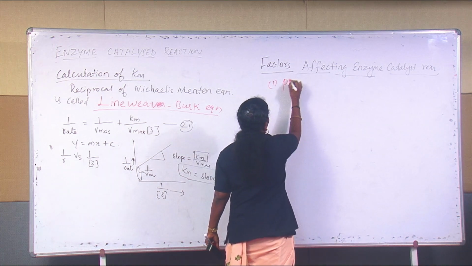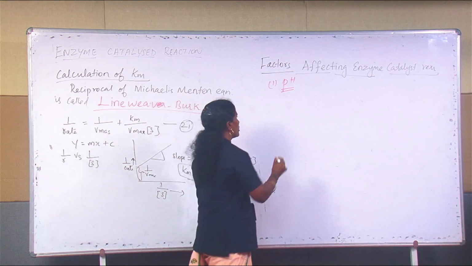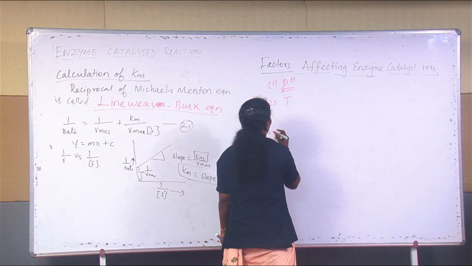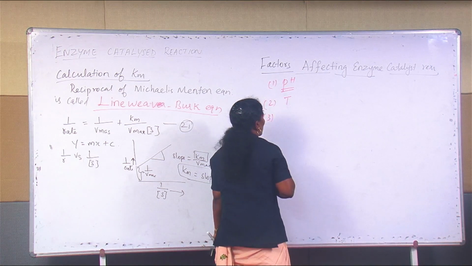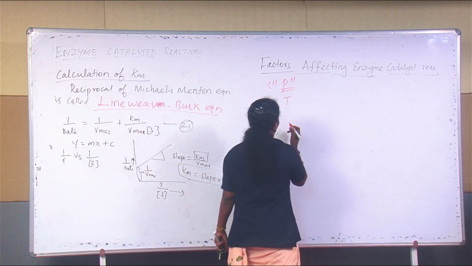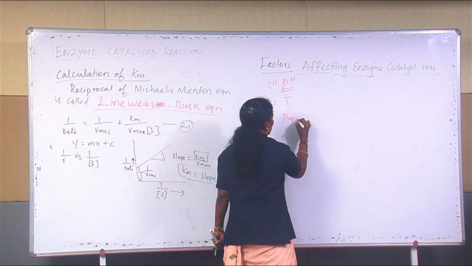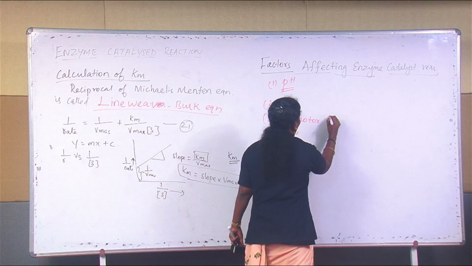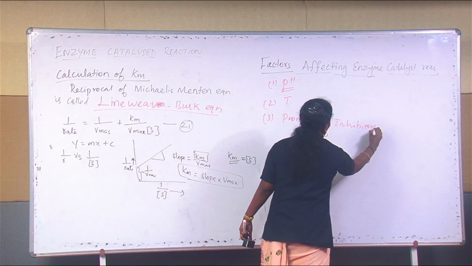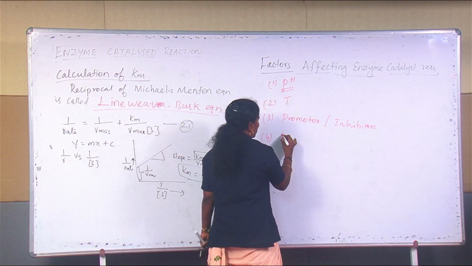The second one, enzyme catalyst reactions depend on the pH. The third, they depend on the temperature, and the fourth, they depend on promoters or inhibitors. The fifth, they depend on the salt concentration.